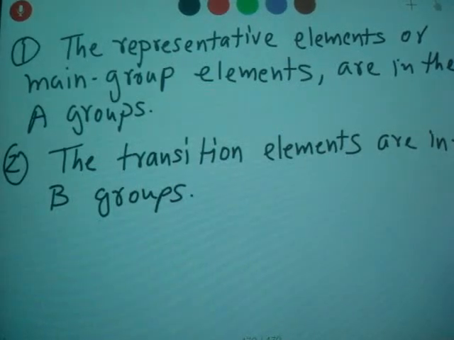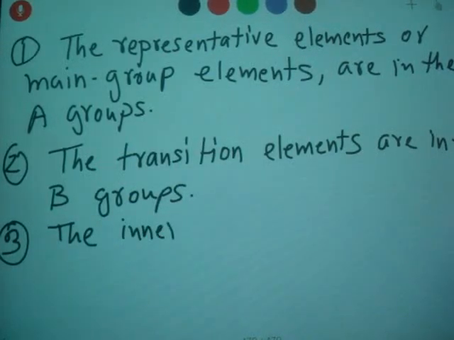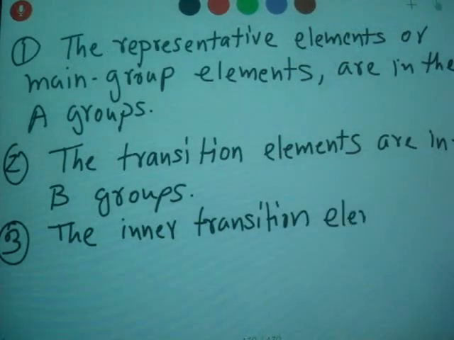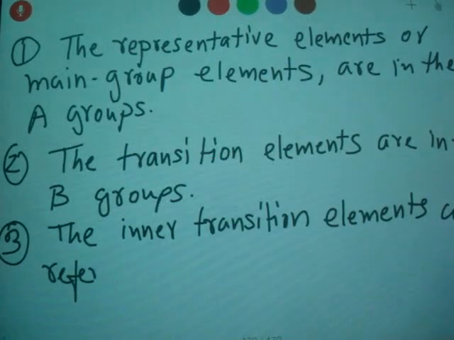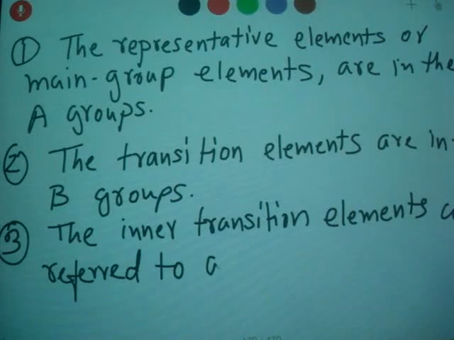And the third one, the inner transition elements, are referred to as the rare earth elements.